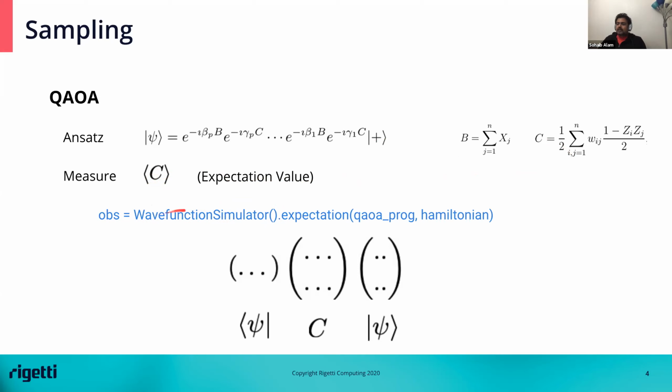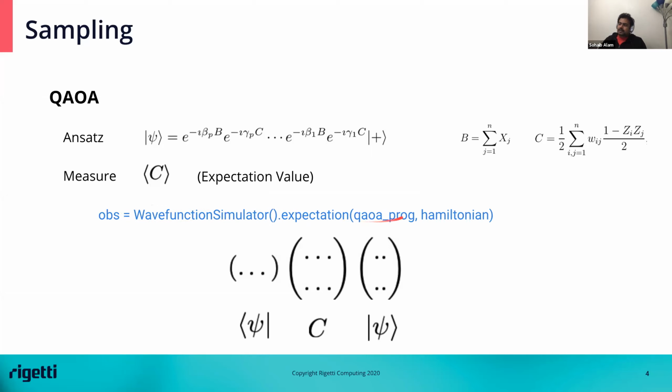So that observable, we were computing its expectation value using the wave function simulator, right? Which is just an inbuilt handy tool in PyQuil, and as the name implies, it exactly simulates what the wave function or the quantum state should look like, and it computes the expectation taking in two inputs.